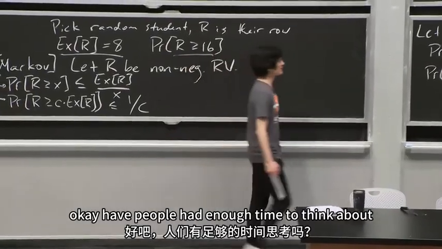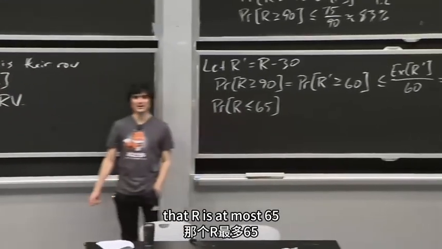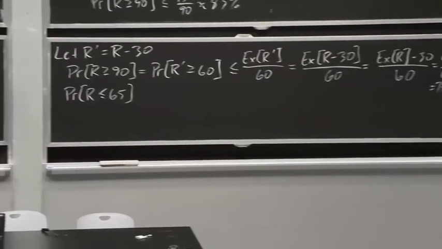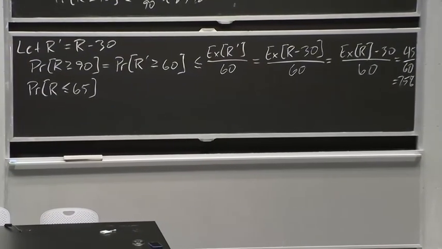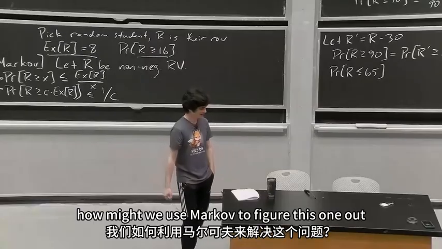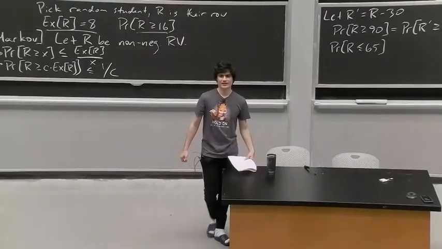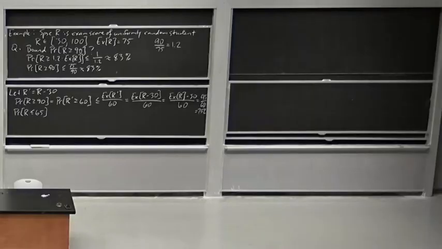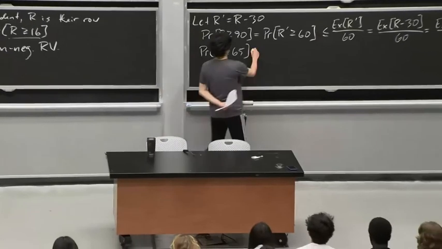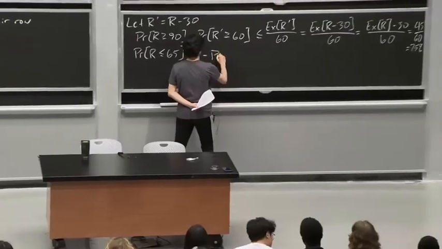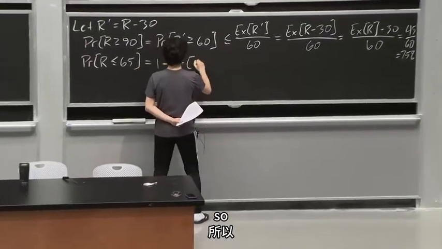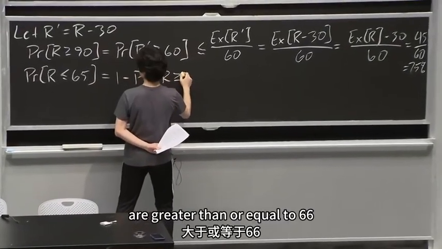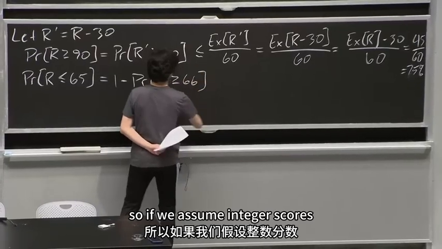Okay, have people had enough time to think about the probability that R is at most 65? How might we use Markov to figure this one out? So R is greater than or equal to 66, if we assume integer scores.